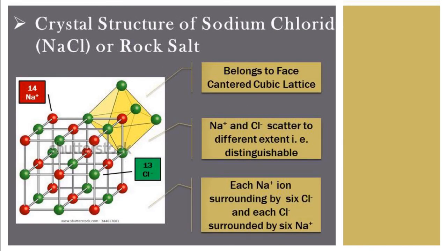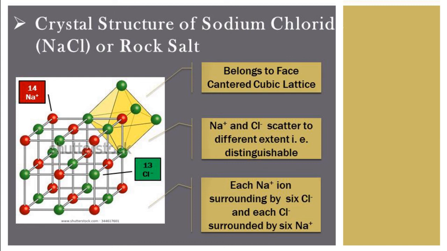The crystal structure of sodium chloride, NaCl or rock salt. The crystal structure of sodium chloride contains 14 sodium ions and 13 chloride ions. The NaCl crystal belongs to the face-centered cubic lattice.